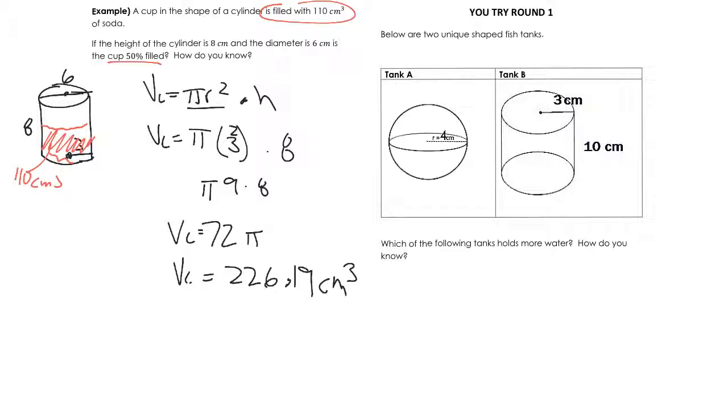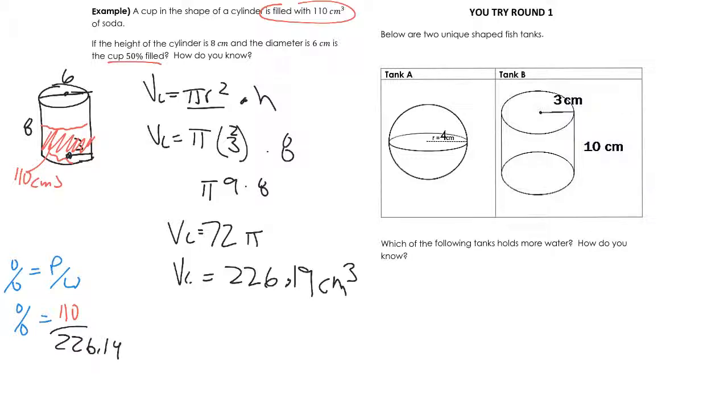So I want to see if this is half full or make this into a percent. Well, I know percentage is part over whole. So my percent, the part that's filled up, is 110 centimeters cubed out of the whole, which is 226.19.